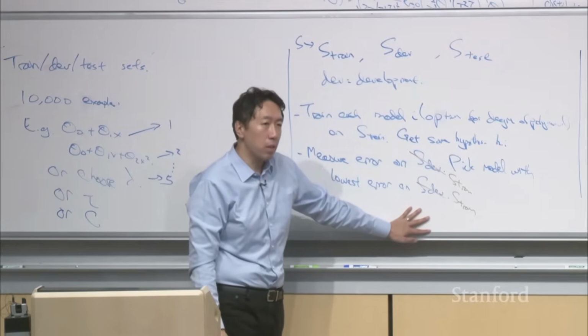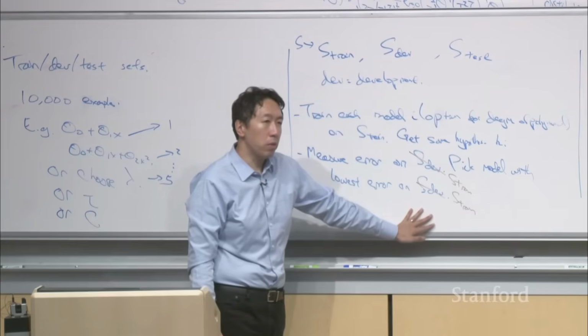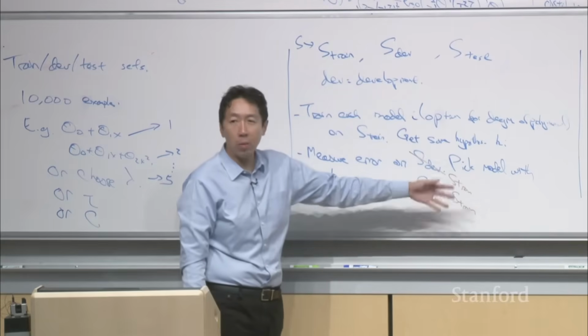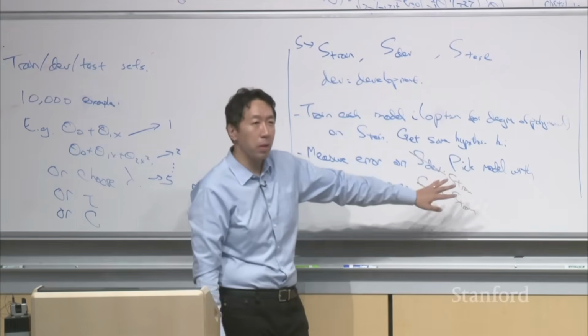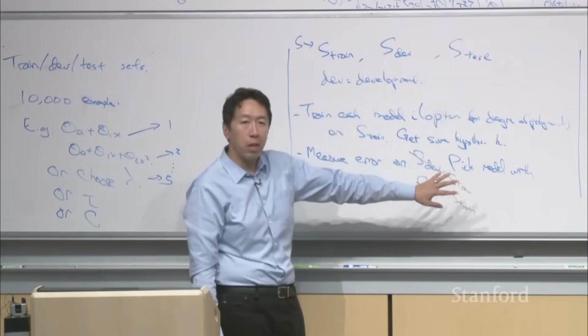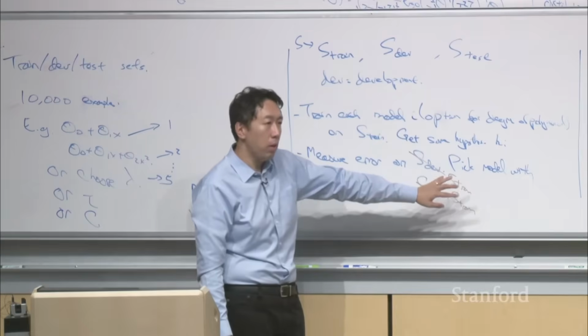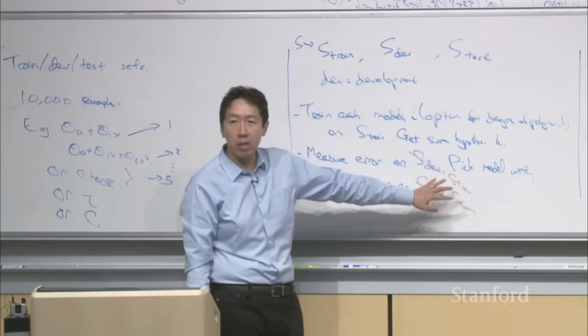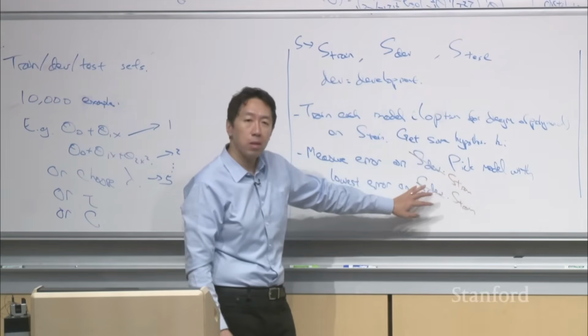Because the more complex algorithm will always do better on the training set. So if you do this, this will always cause you to say, let's use the fifth order polynomial or the highest possible order polynomial. So this won't help you realize in the housing price prediction example that the second order polynomial is a better fit to the data, right? Does that make sense?